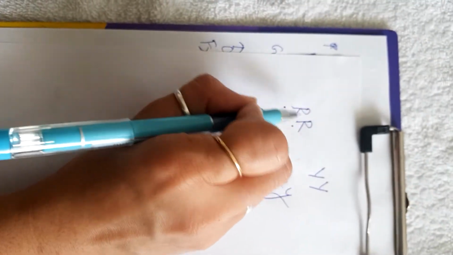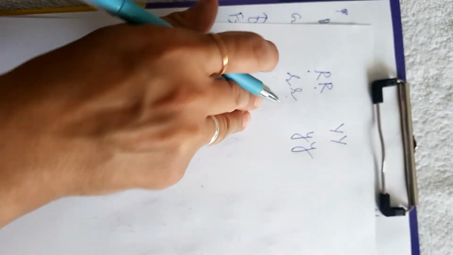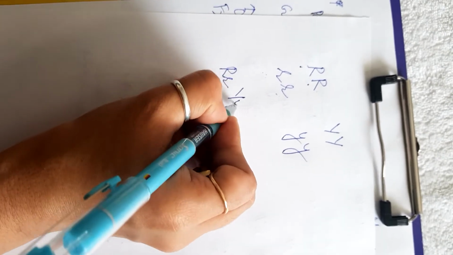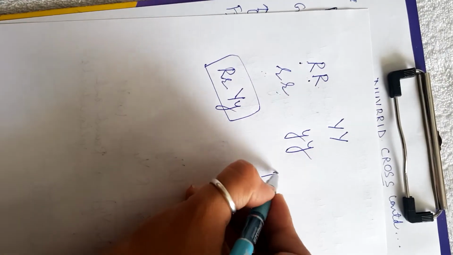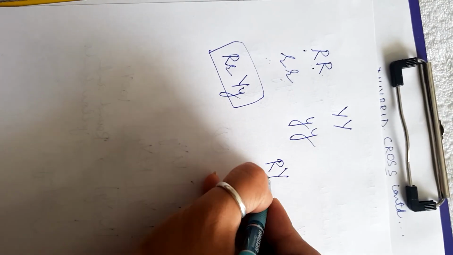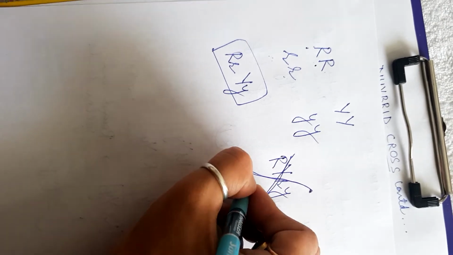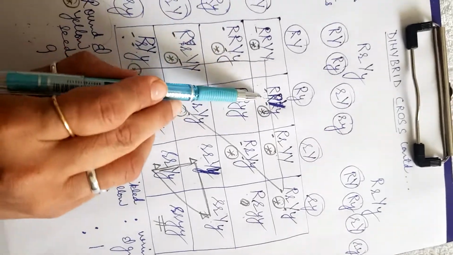No. For the same alphabet, you have to take the small letter. And when you are writing them together, this is the correct way. If you write it as capital R, capital Y, small r, this is the wrong way of writing. So the pair should always come together. That's why I have changed it here.